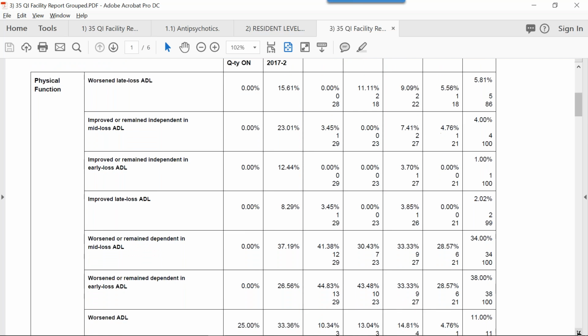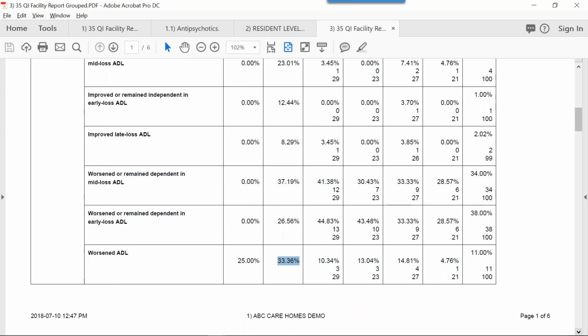but now let's bring this back a bit and go back to that worsened ADL. The goal for the province, the future goal under Health Quality Ontario, is 25%. The current rate for the province is 33%. And notice here that my one unit has only a 4% decline in all ADLs, but that comes up to this unit that has nearly 15%.